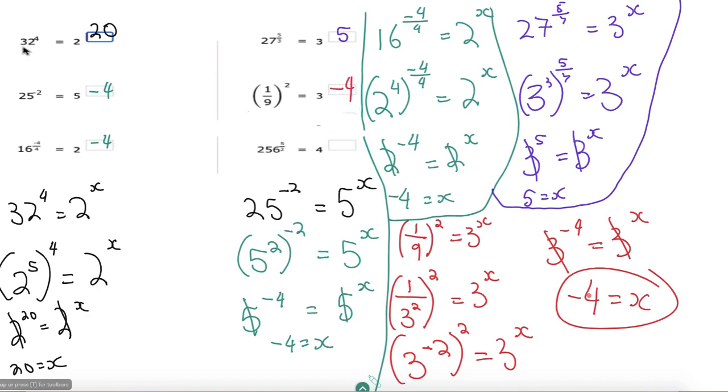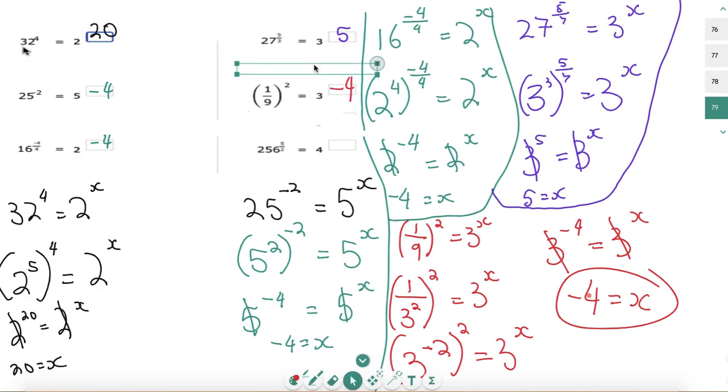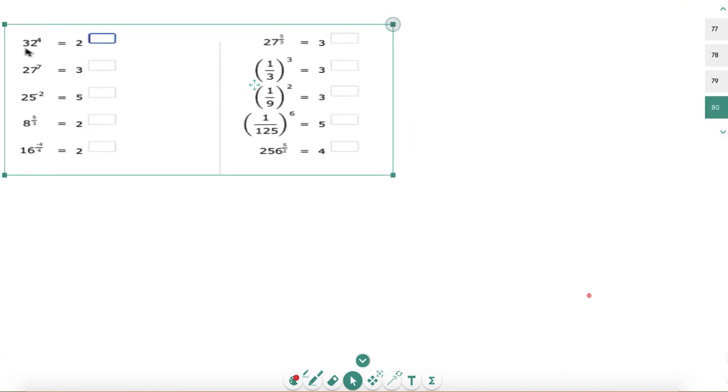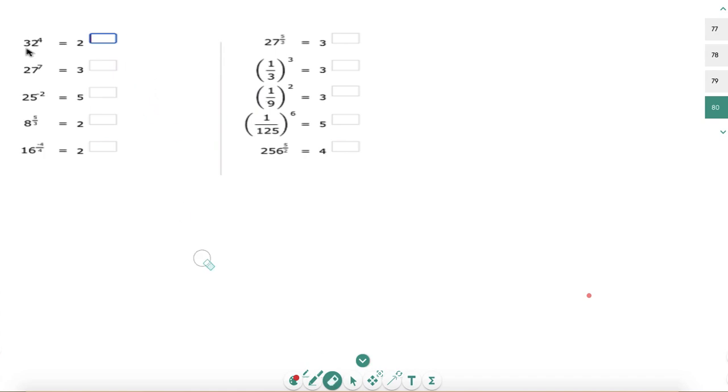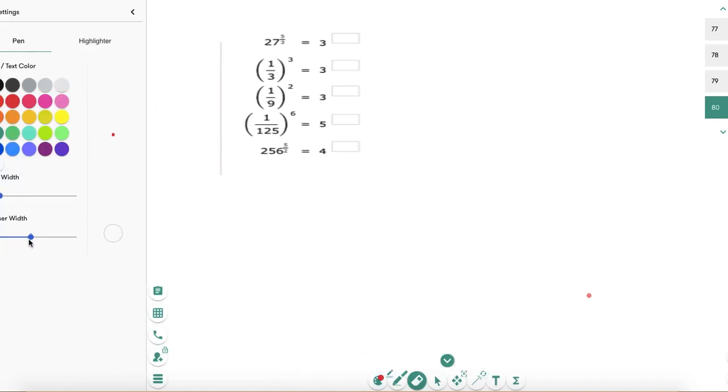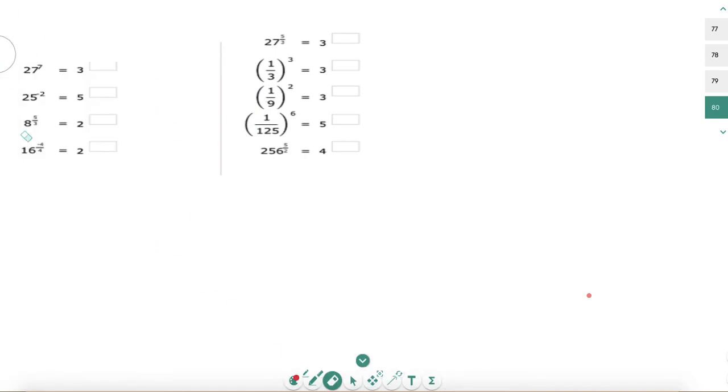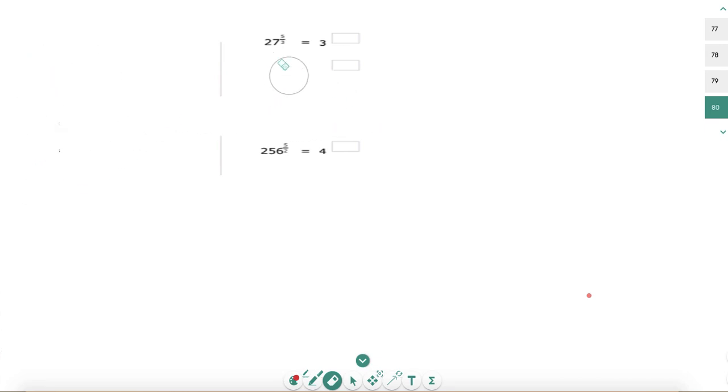Last one, we'll do this on the next page. 256 to the power of 5 over 2, I'll write it nice and big, is equal to 4 to the power of something.